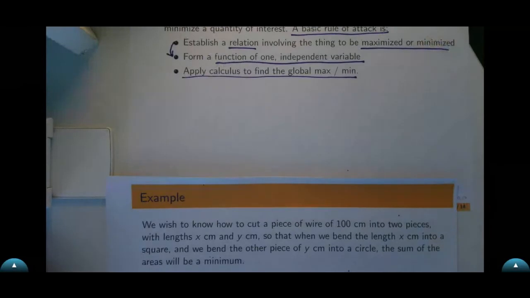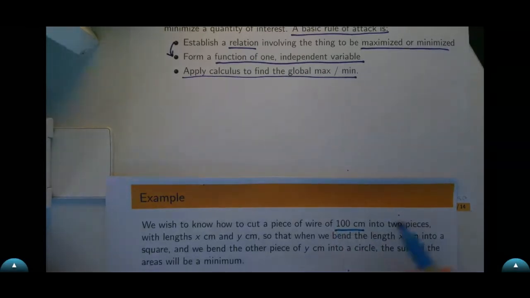Yeah, okay. So this is a classic example. I think it might be in your course pack, this question. It might be one of the tutorial problems. But I thought it was interesting because we can talk about it in lectures. All right. So you've got a piece of wire which is 1 meter long, and you want to cut it into two pieces.